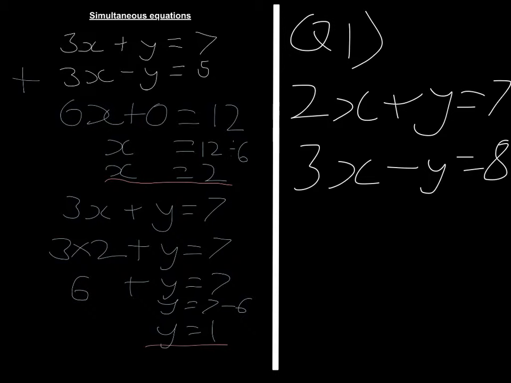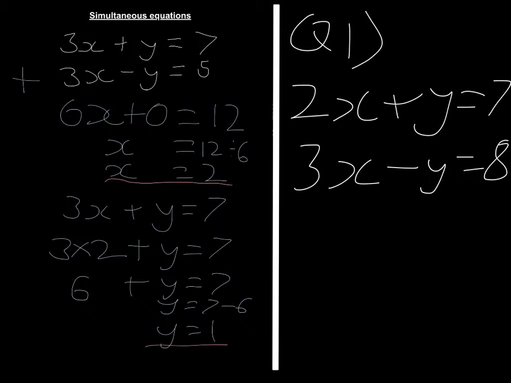Unfortunately, it looks like you still need a little bit more help with these, so we'll have a look. Remember that I said anything take away itself is equal to 0, and we know that an add and a minus is the same as a minus. So here we've got plus y minus y, so if I do plus y add minus y, it's the same as doing y take away y, which is going to be equal to 0 down here.